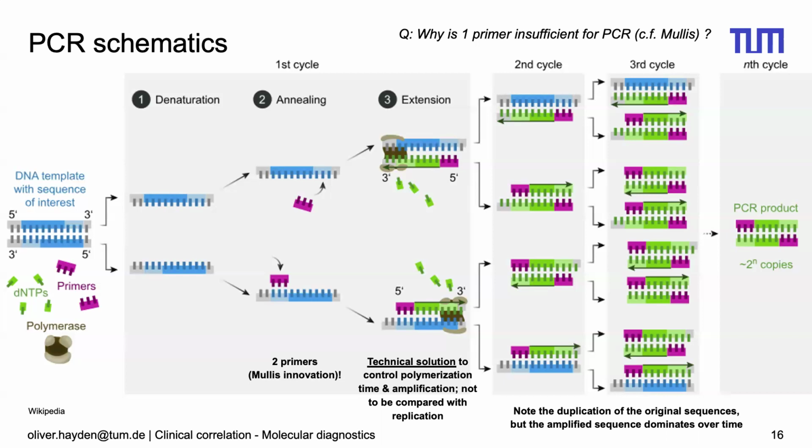And the key element here is the technical solution. This is not to be compared with the replication you have in a mammalian cell, for example, or in a bacterial cell, because this requires much regulation. Every cell, even a bacterium, has to make sure it doesn't make too many defects.